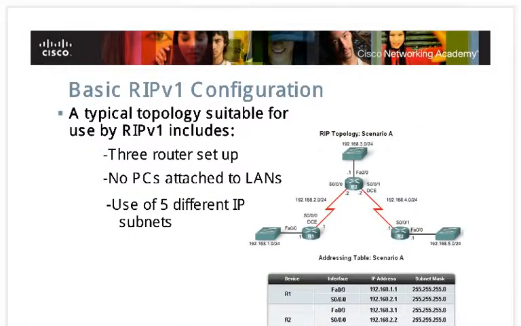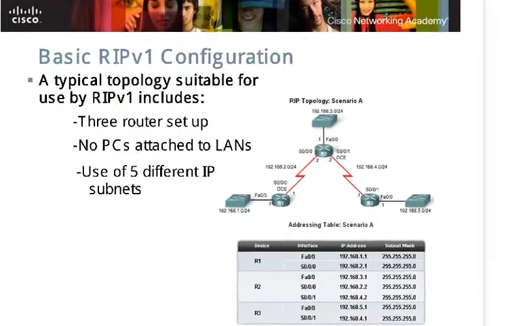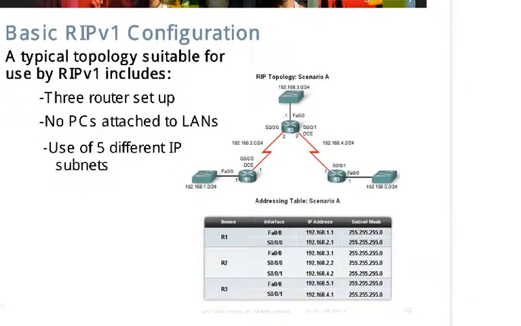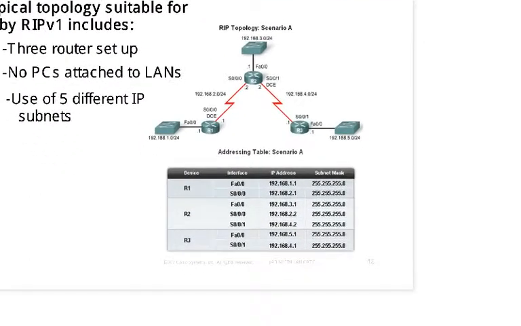So we talk about a simple example. This simple example here talks about the fact that you have three routers: router 1, router 2, and router 3. Router 1 is connected to an Ethernet on an interface FA0/0, and it connects with router 2 through a serial interface.